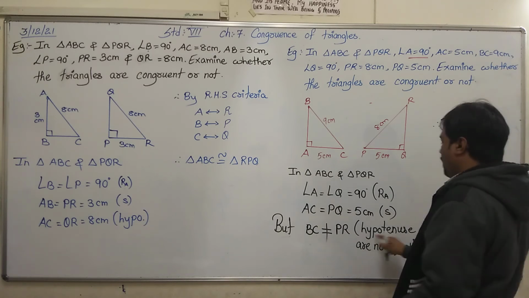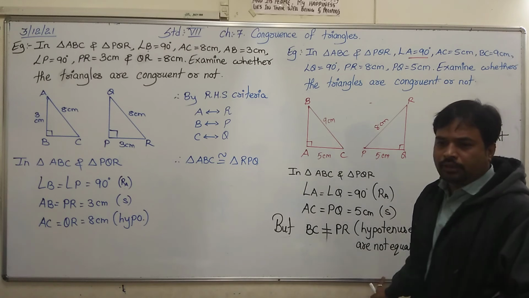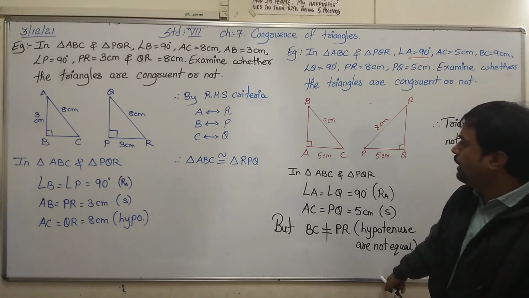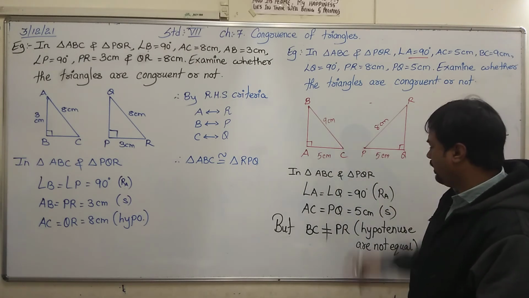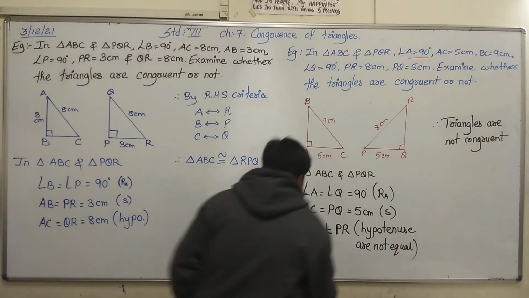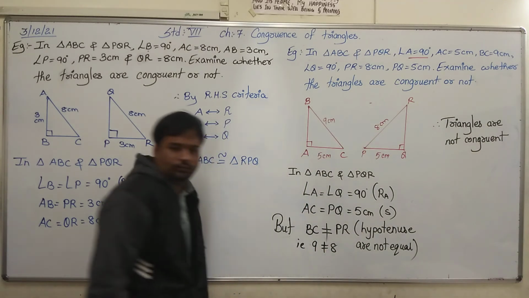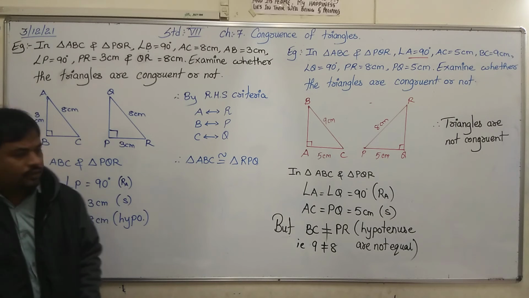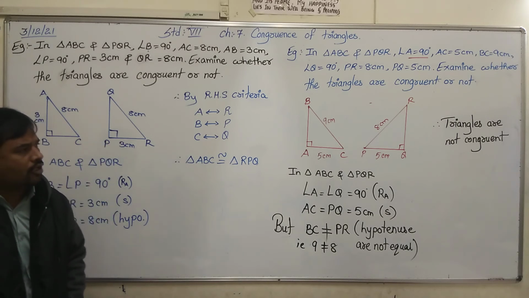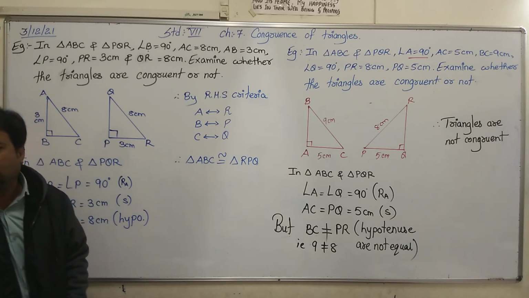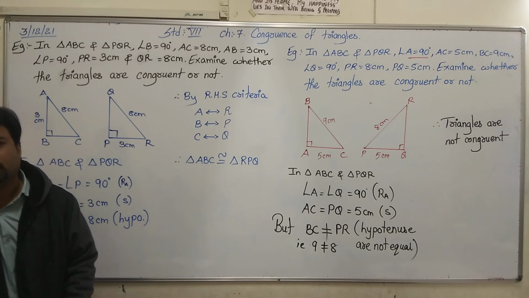Reason? Hypotenuse are not equal. One is 9 and one is 8. 9 is not equal to 8. Therefore, what we can say that hypotenuse are not same. Therefore, triangles are not congruent.